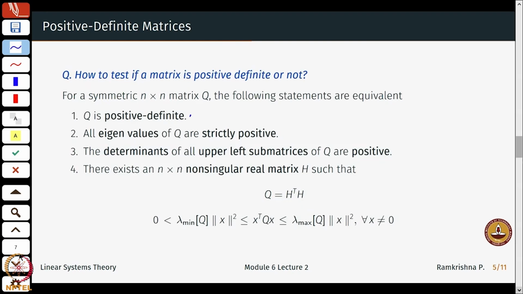For a symmetric n cross n matrix Q, whenever I say Q is positive definite, it also means that all eigenvalues of Q are strictly positive. Not only that, another way of testing is that the determinants of all upper left submatrices of Q are positive. So, let us say I am just looking at a matrix of 3 cross 3.